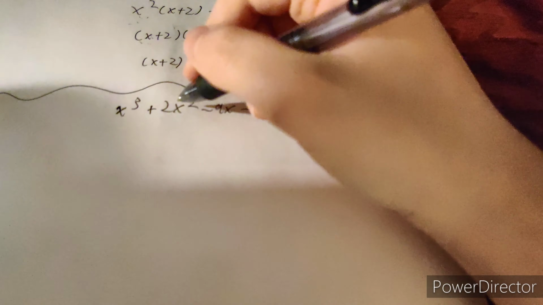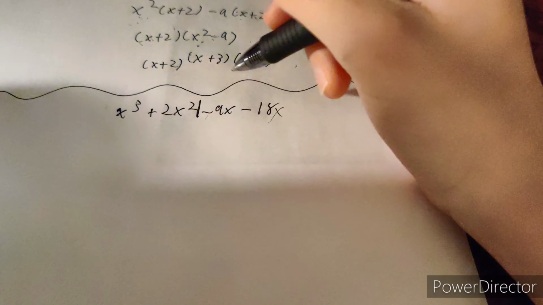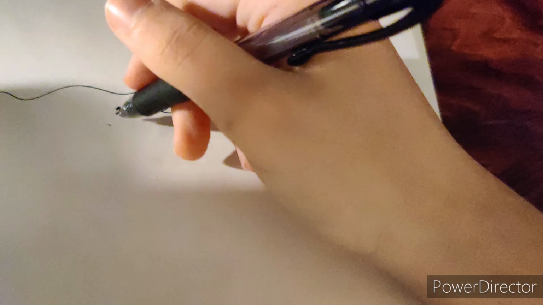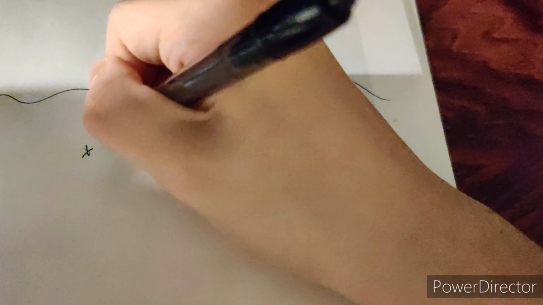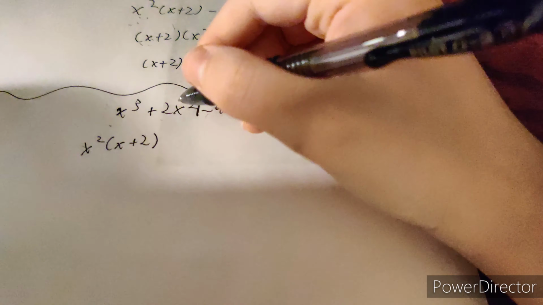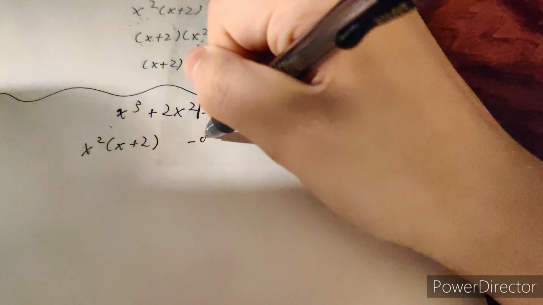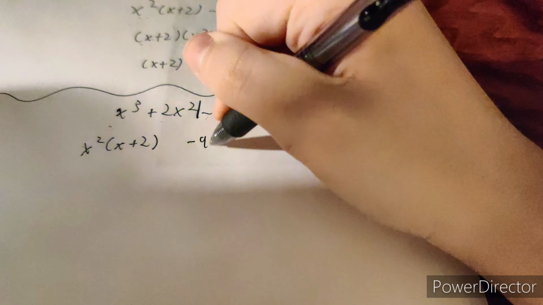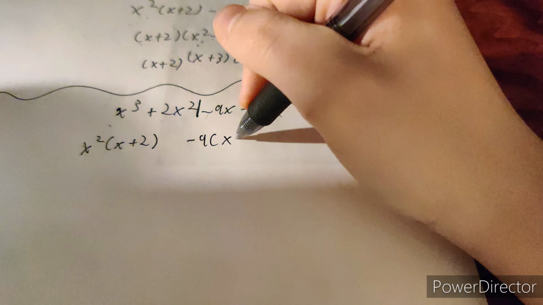I have an idea. What if we were to do what we normally do? Well, over here we could take out an x squared times x plus 2. And then here we could take out a negative 9 times x plus 2.